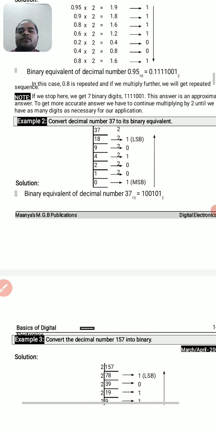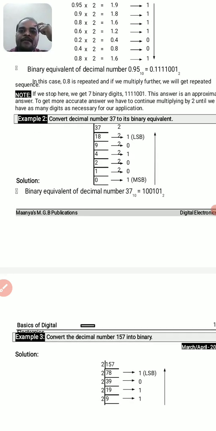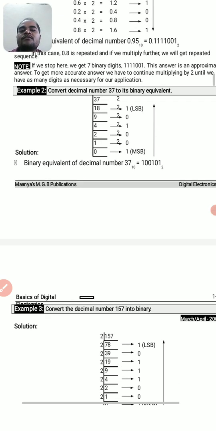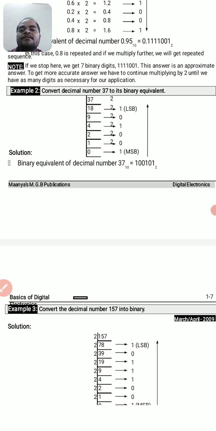Next, how to convert the decimal number 37 into its binary equivalent. Because it is an integer number, we divide it by successive divisions with base 2. At last we write the result from downwards to upwards, that is, MSB first and LSB last, because it is the integer part.